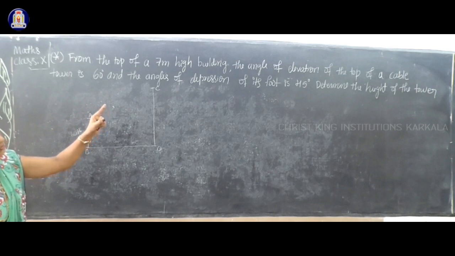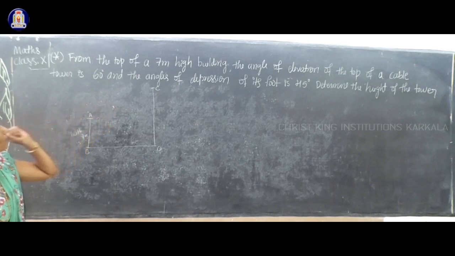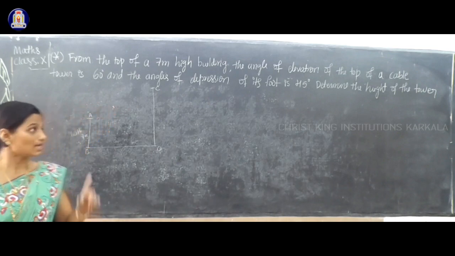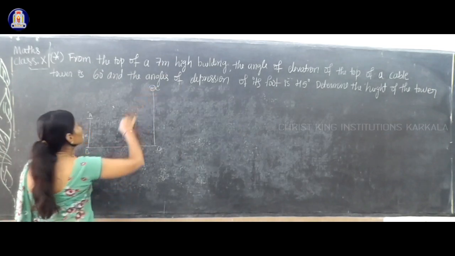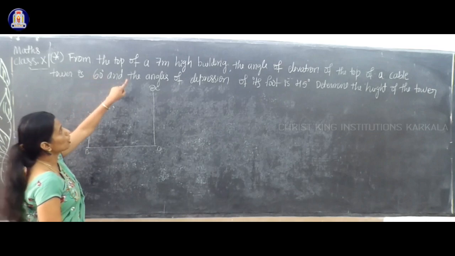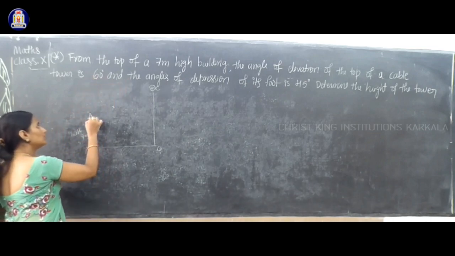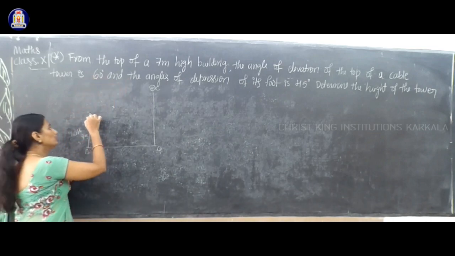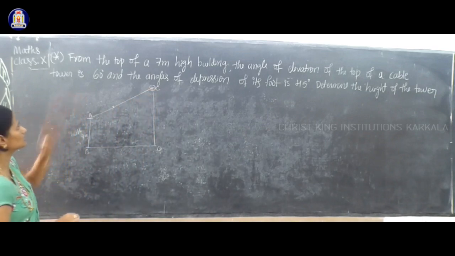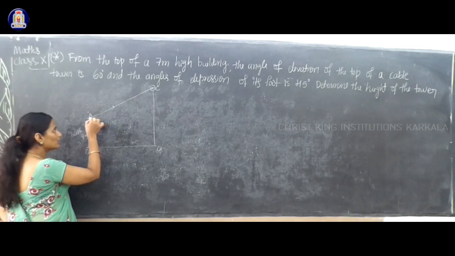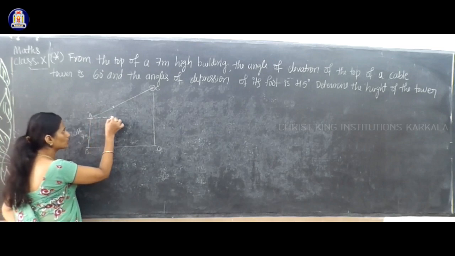The angle of elevation of the top of the cable tower, from where? From the top of the building. From the top of the building to the top of the cable tower, the angle of elevation is 60 degrees. To draw an angle of elevation, there should be one horizontal line.